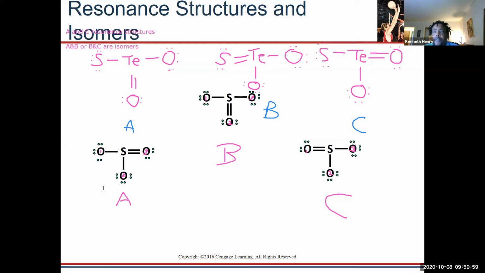Now, isomer is when you have, like up top where we have the blue A, B, and C. I should have used different letters.